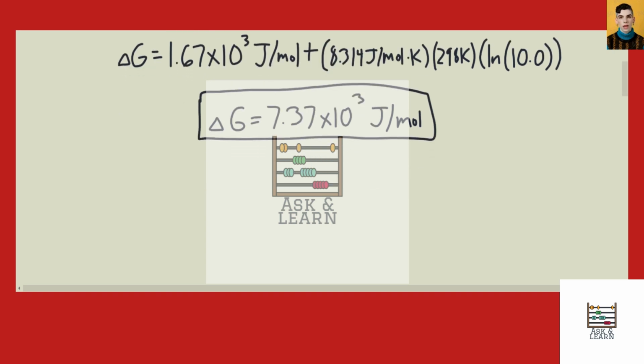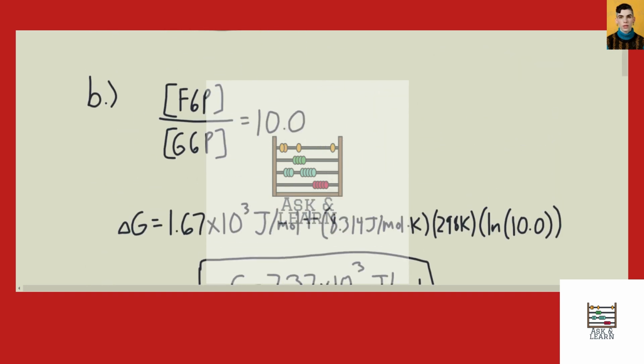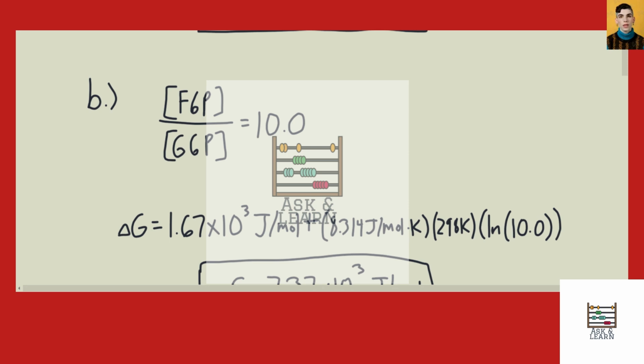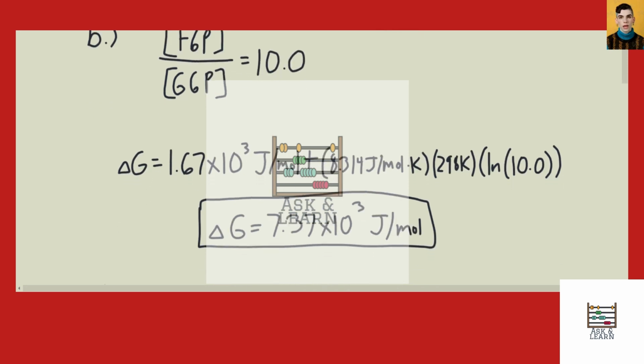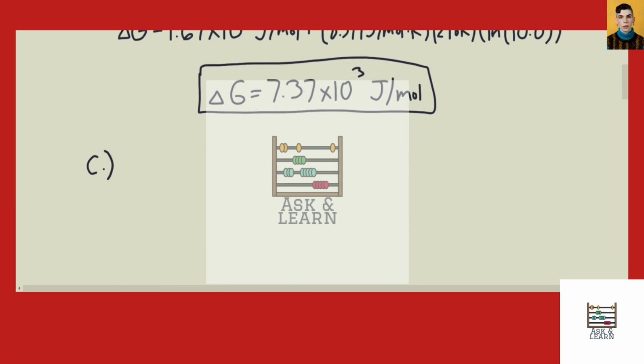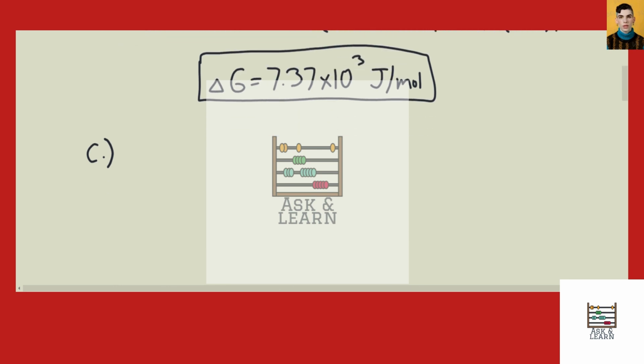And now in part C, we are essentially doing the same thing as part B. We are explicitly given a value for Q. It's not written as a ratio of the concentrations of the product to the reactant.